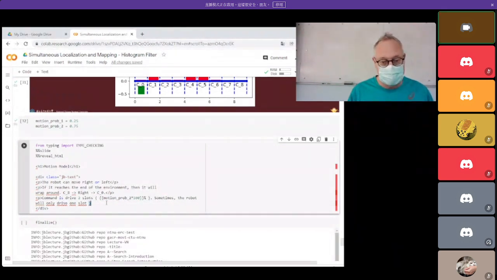Sometimes the robot will drive only one slot with 25% probability.